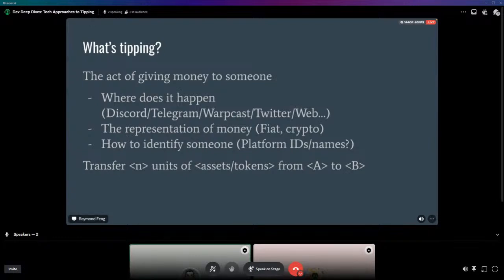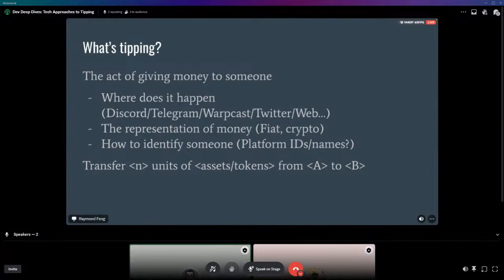Secondly, when you try to transfer some money, money can come in many different forms. We often talk about fiat money, which could be US dollars or other currencies. Then in crypto, there are many different forms of tokens. You have fungible tokens, non-fungible tokens, and some other forms of digital assets, even verifiable credentials and points. So how do we represent that?